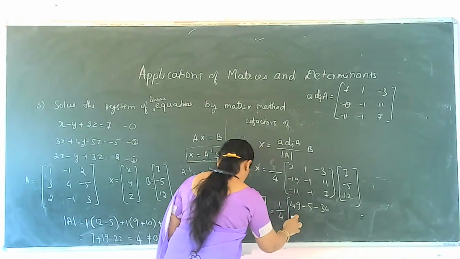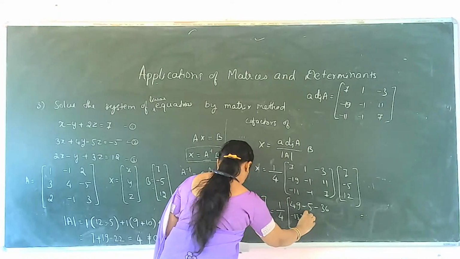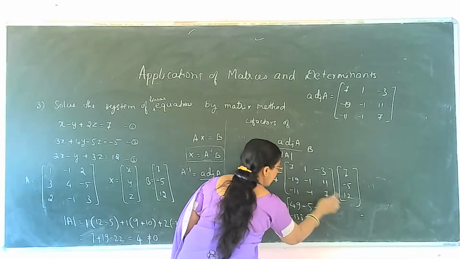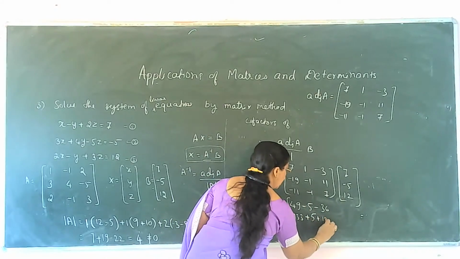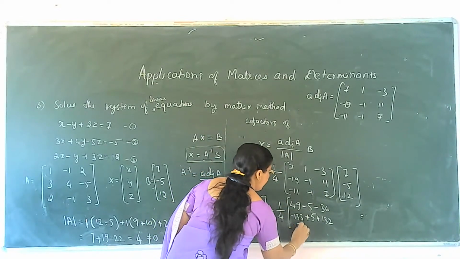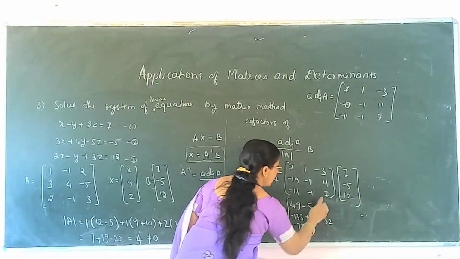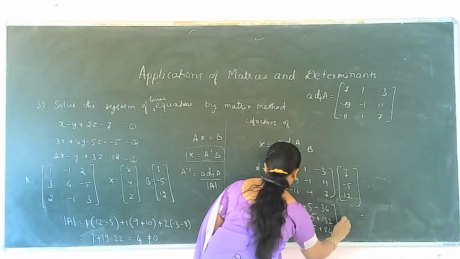Then minus 19 into 7 is minus 133, plus 5 into 1, that is plus 5. Then 11 into 12 is plus 132. Then minus 11 into 7 is minus 77, minus into minus plus 5. Then 7 into 12, plus 84.